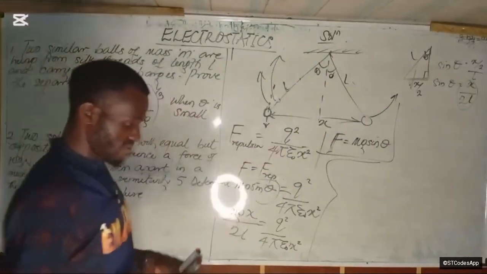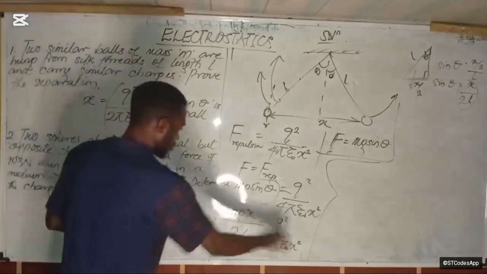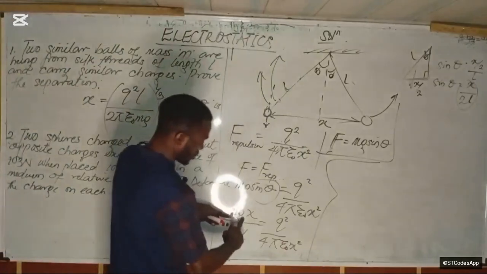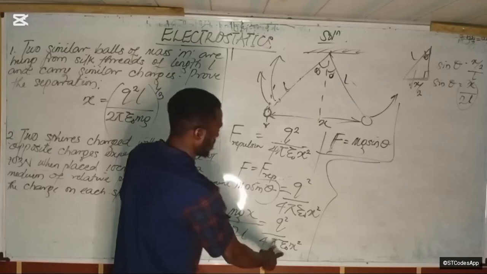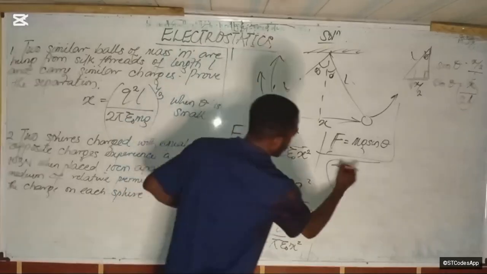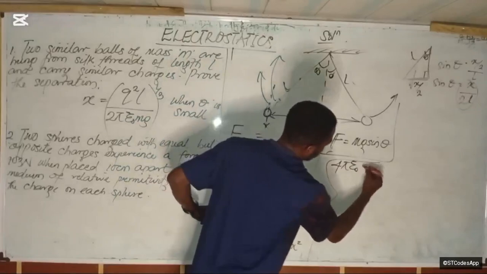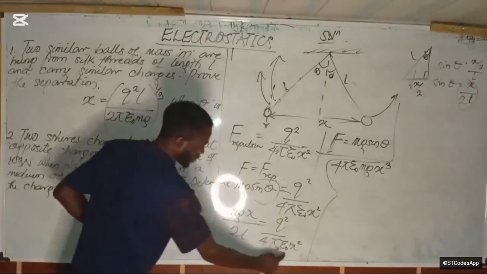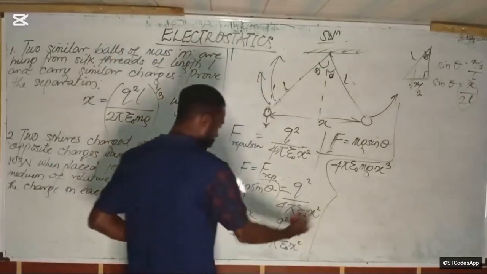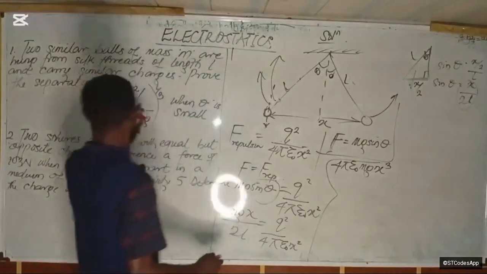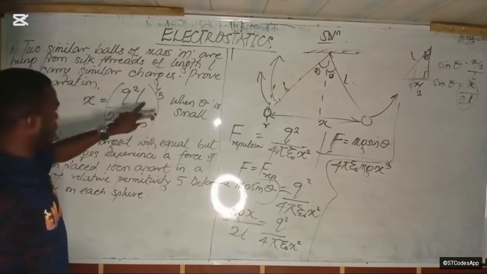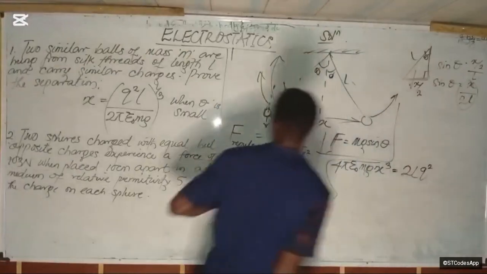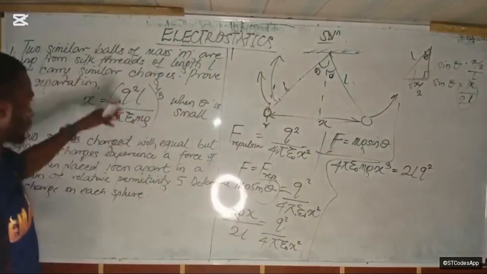So what we will have at the end of the day is that we cross multiply and we'll have 4 pi epsilon naught mg x cube. Does that make sense? This times this, x cube, 4 pi epsilon naught mg, will be equal to 2L q squared. We're getting to it.